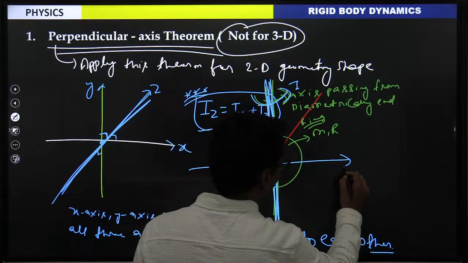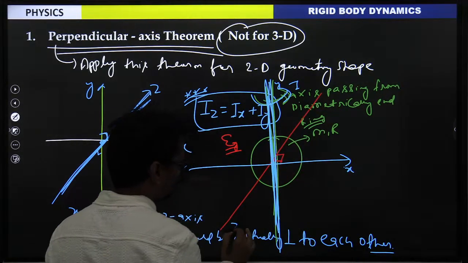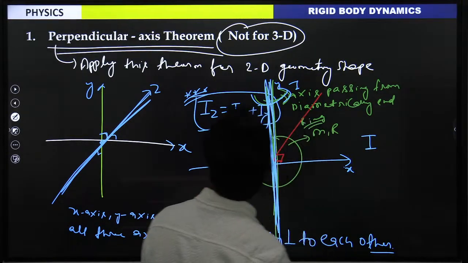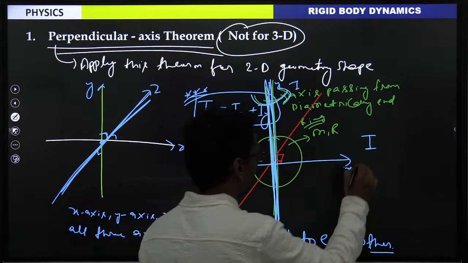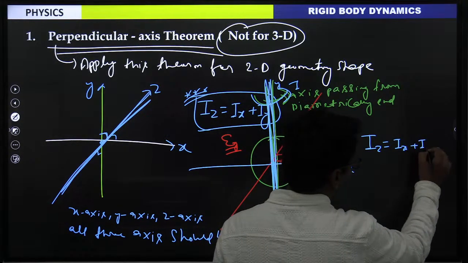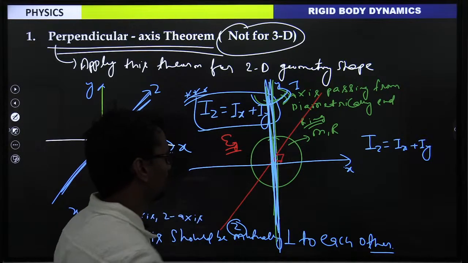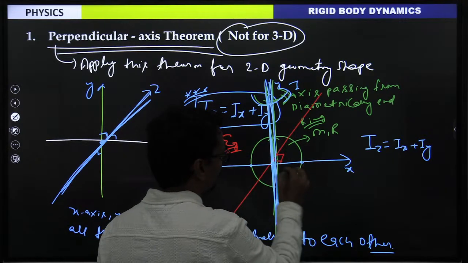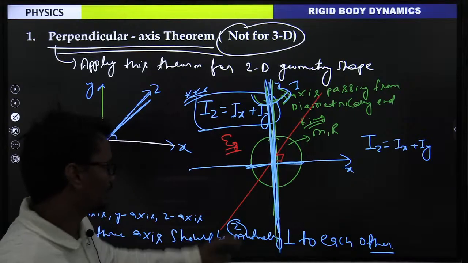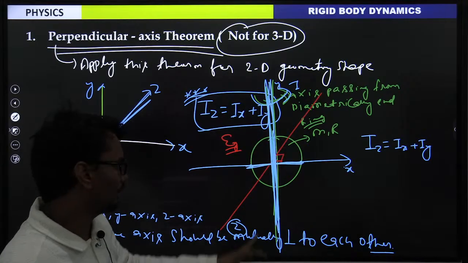Let's say this is the x axis, this is y, and this red line is z. Then according to the perpendicular axis theorem, Iz is equal to Ix plus Iy. Now Ix and Iy, both axes pass through diametrically opposite end points, and the moment of inertia about the x axis or the y axis should be the same because both axes are symmetrical.